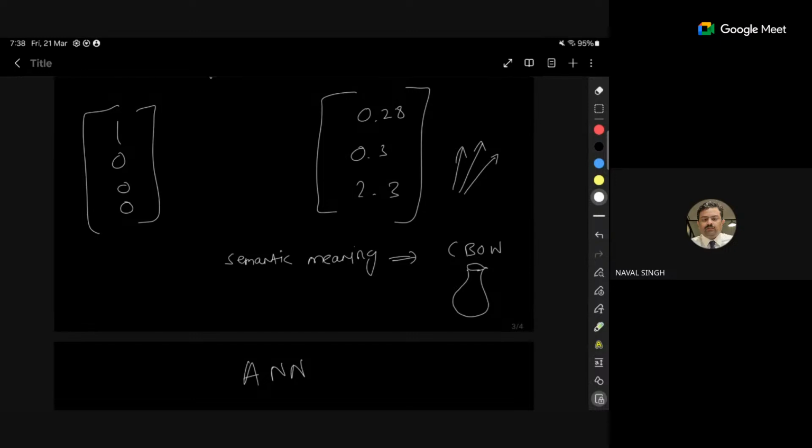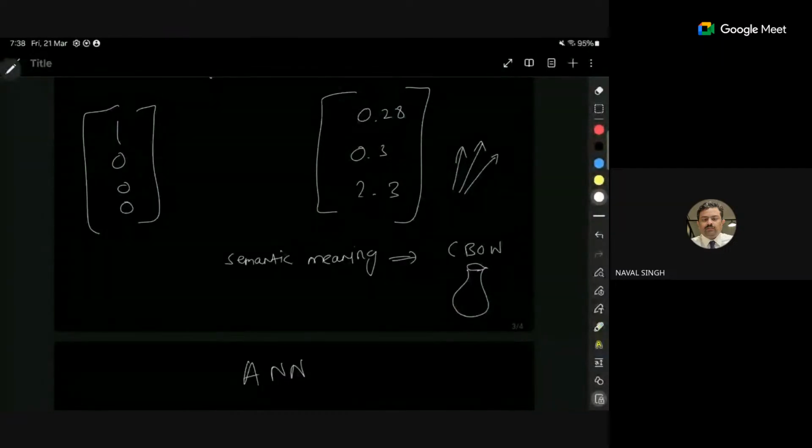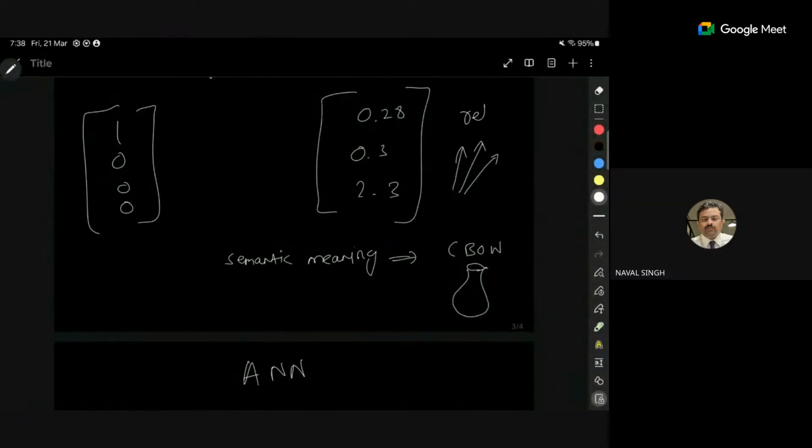The order of words is not affecting. But in which direction they are going, we can say they are near to each other or related to each other. Relation we can maybe figure out, but not the order of the words. Sometimes order does matter, like whether I am saying this thing first or after it.